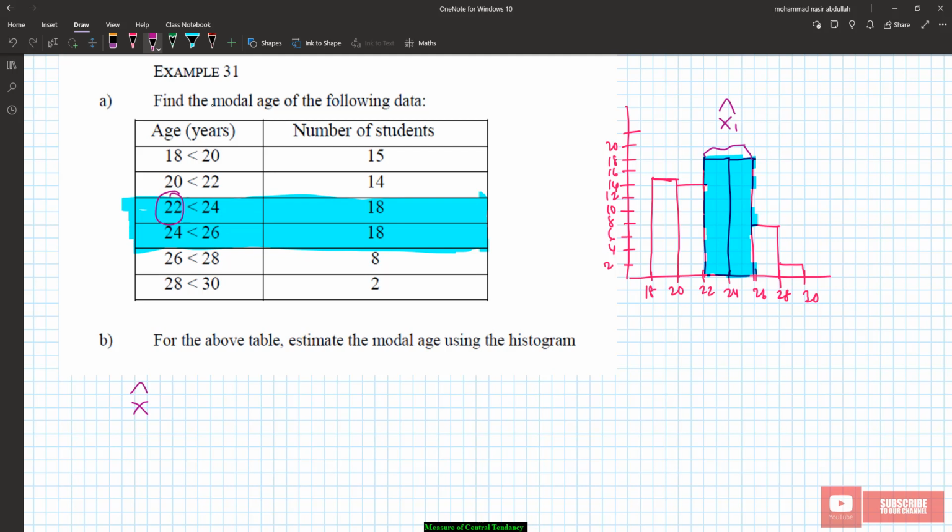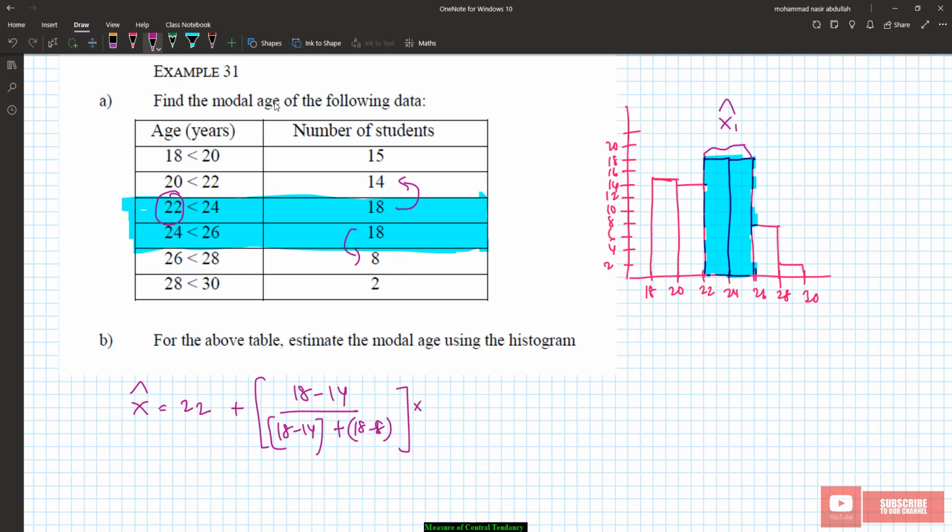So mode should be equal to the lower class boundary, 22, plus the modal class frequency minus the frequency before the modal class, 18 minus 14, plus 18 minus 8, and multiply with the class size.